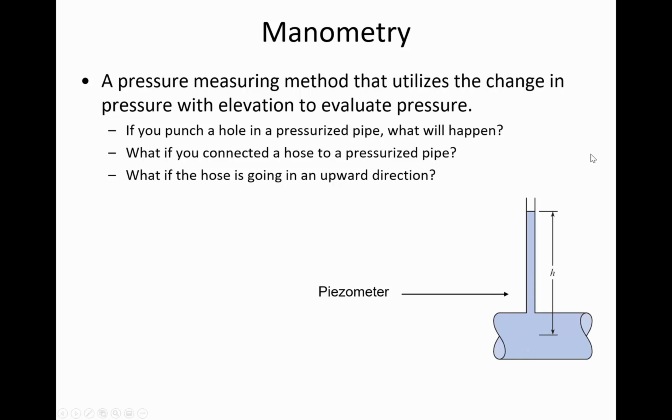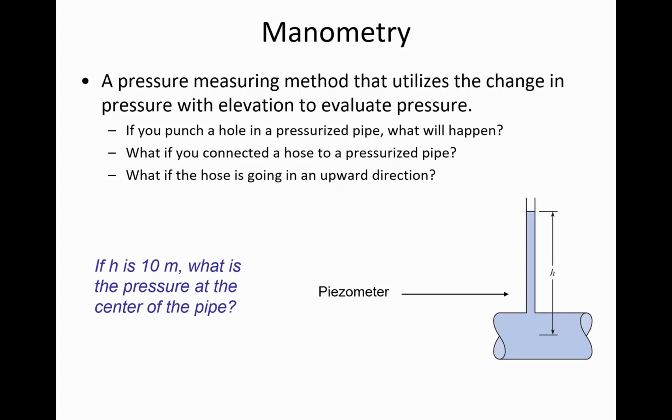This piezometer is open to the atmosphere. By definition, it's not enclosed. And so one of the weaknesses with this way of measuring fluid pressure is that it only works for liquids. It doesn't work for a gas because the gas would just escape out into the atmosphere. But here in the blue italics it says if H is 10 meters, then what is the pressure at the center of the pipe?